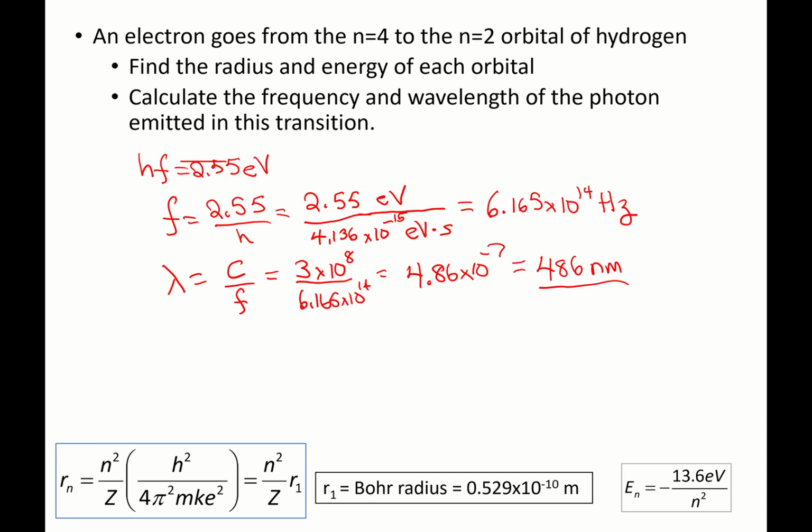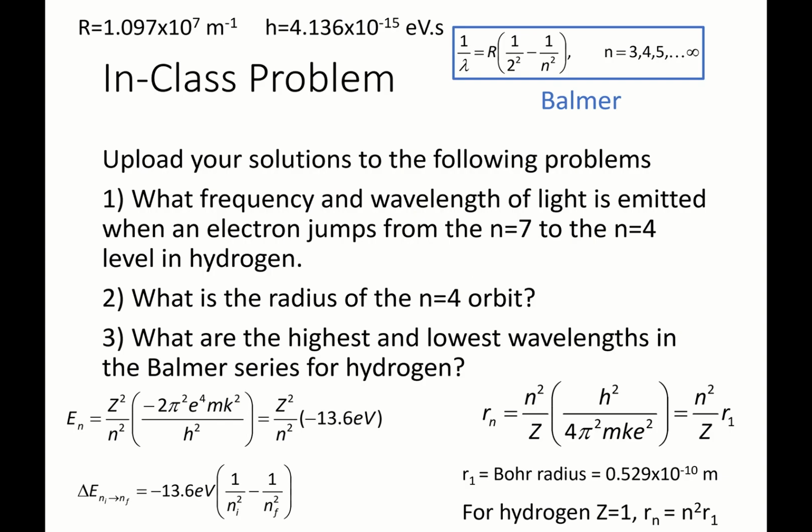Well, you could have calculated using 1 over lambda equals R times 1 over n final squared minus 1 over n initial squared, and that would have also given you a wavelength of 486 nanometers, and then you could have used that to calculate the frequency. So whichever way makes more sense to you.